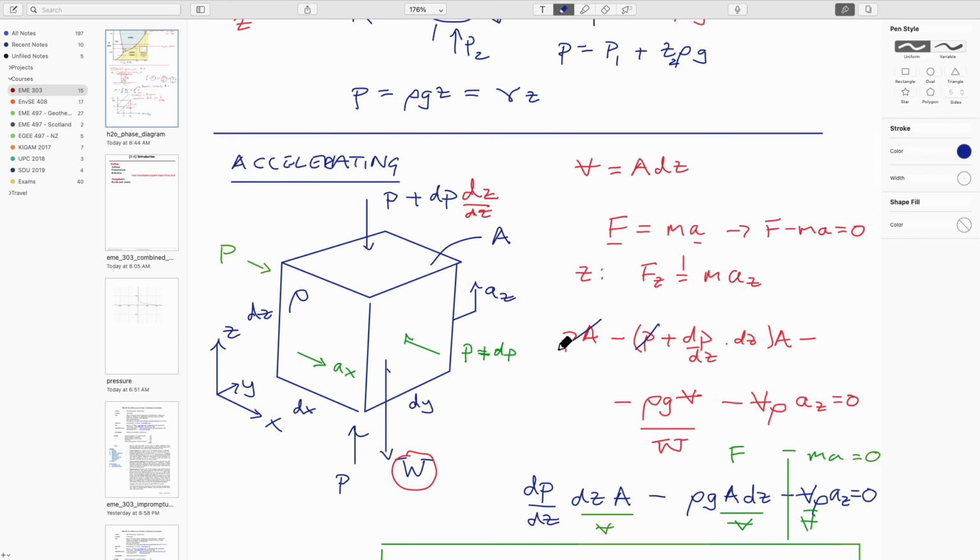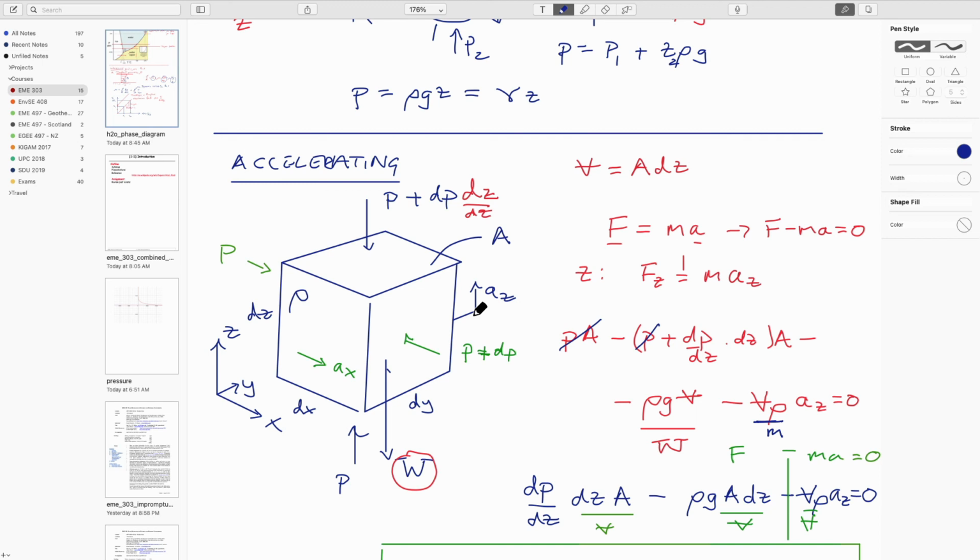This is acceleration, this is mass, which is the volume of the fluid times its density. You agree? Yeah. It's negative because we changed F equals ma to be this whole expression to equal 0 on the right hand side. And the acceleration is the acceleration that we're applying, pushing it up.